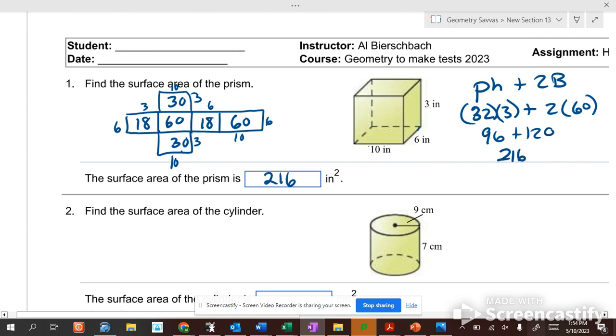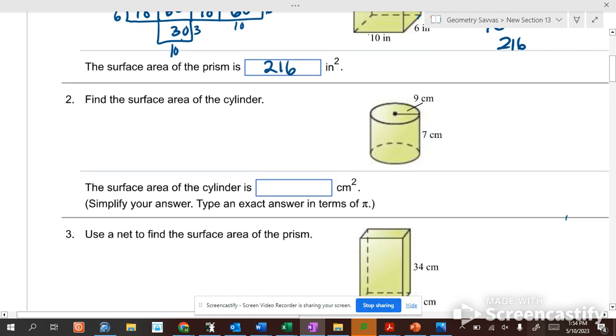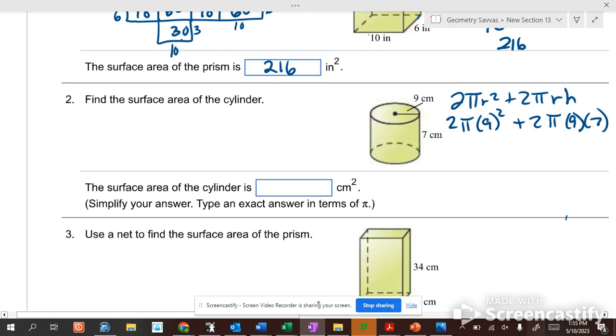So there's more than one way to do this. There's the net or the formula. Surface area of a cylinder: 2 pi r squared plus 2 pi r h. So you take 2 times pi times the radius, which is 9, squared, plus 2 times pi times the radius, 9, times the height of 7.